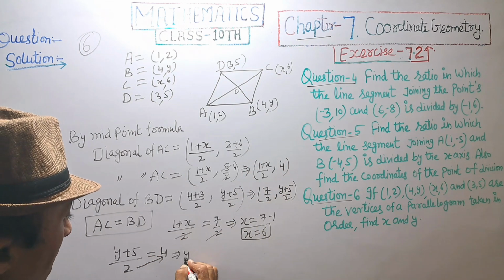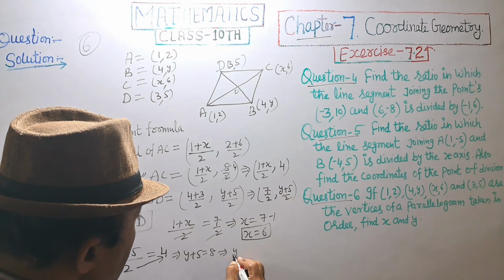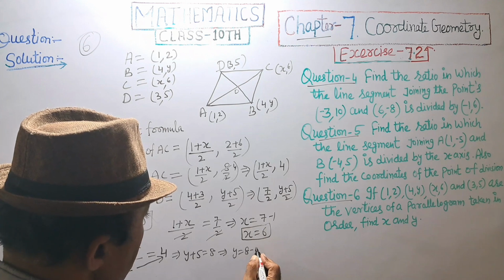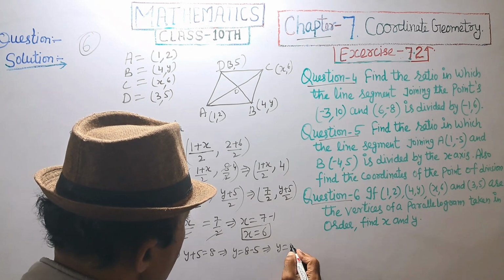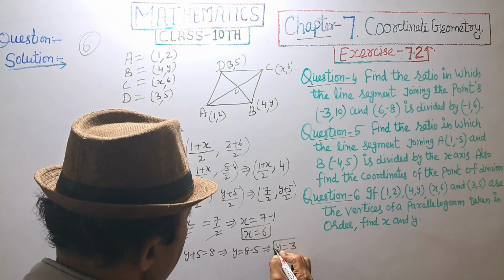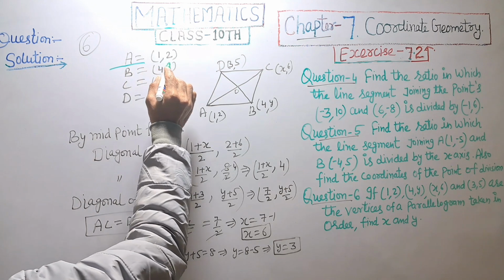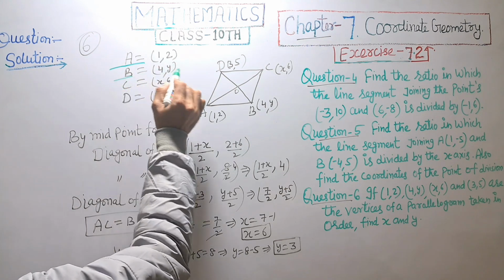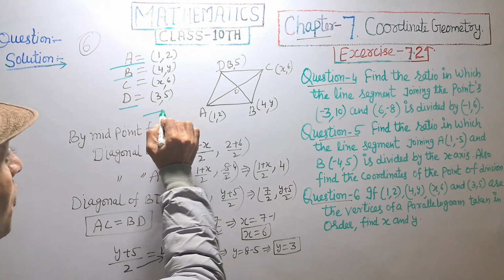This implies y plus 5 is equal to 8, and y is equal to 8 minus 5. This implies y is equal to 3. Given A is (1, 2), B is (4, y), C is (x, 6), and D is (3, 5).